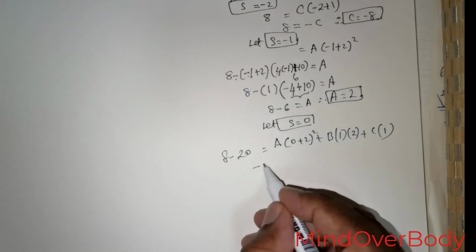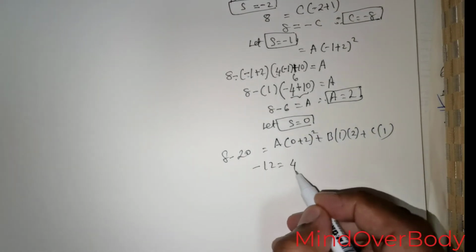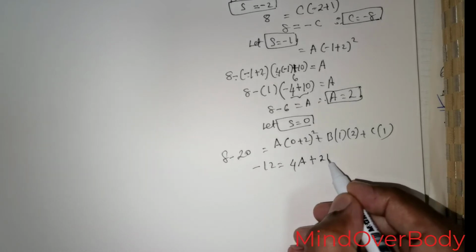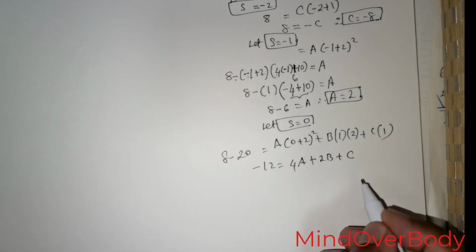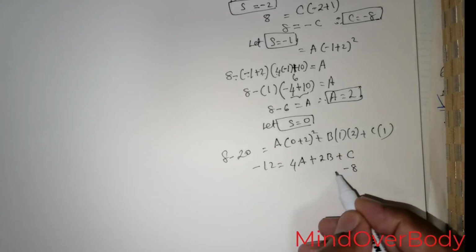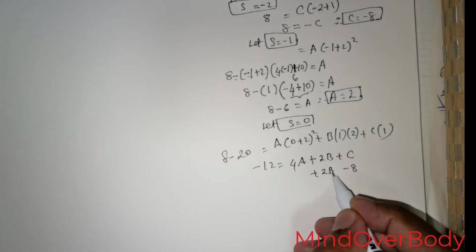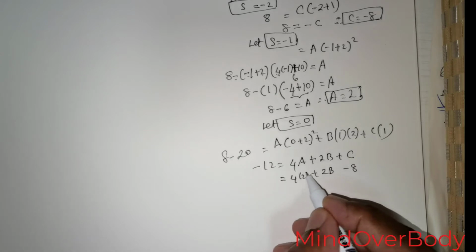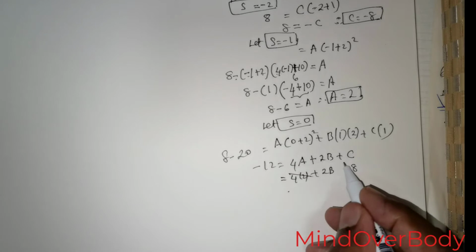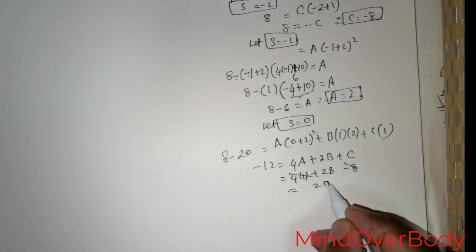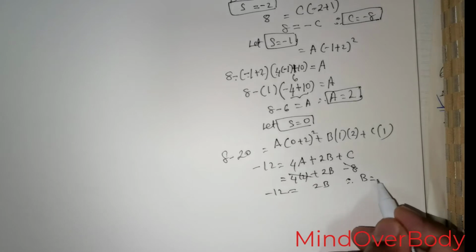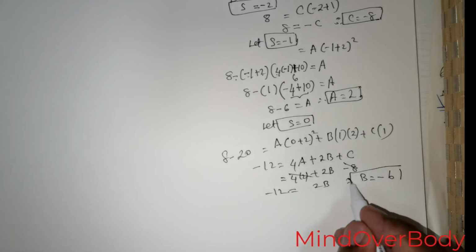That's going to give you negative 12 is equal to 4 times A plus 2 times B plus C. My C is negative 8. I need to find my B. My A is 2, so this and this get cancelled. So I get 2 times B is equal to negative 12. Therefore the value of B is negative 6.